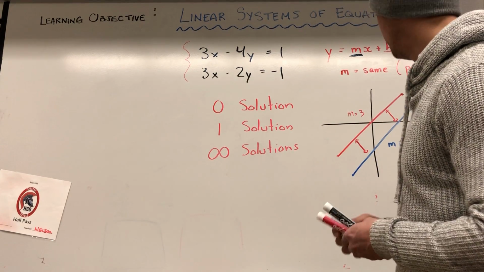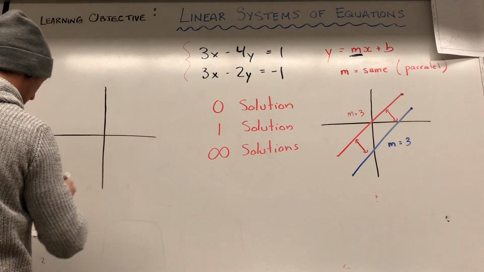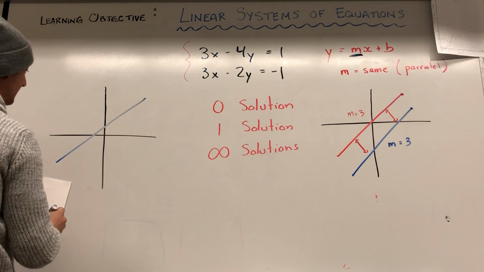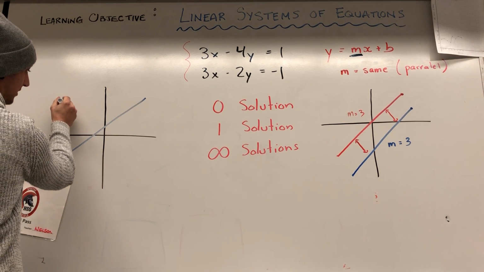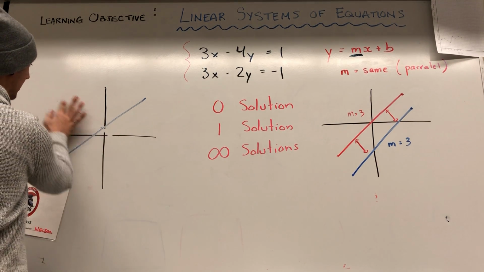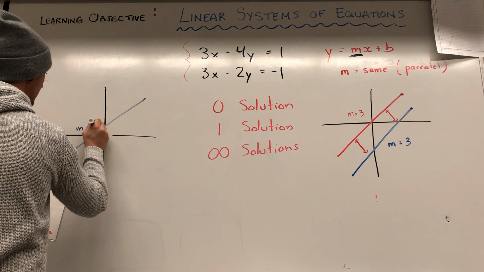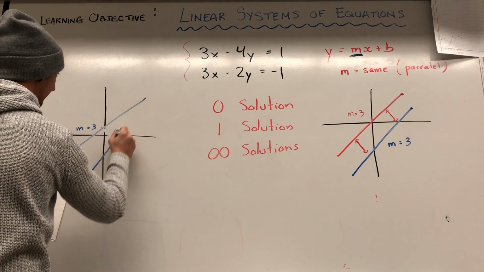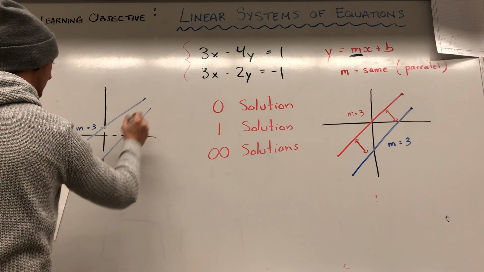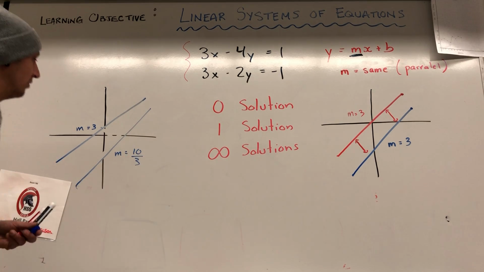The situation where I have one solution occurs when I just have two lines that intersect. So say I have one line like that, and I have another line like this. It could also look like this, where they almost look parallel, but they're not quite parallel, so say this has a slope of 3, and then let's say this other line has a slope of 10/3, so just a little bit over 3.